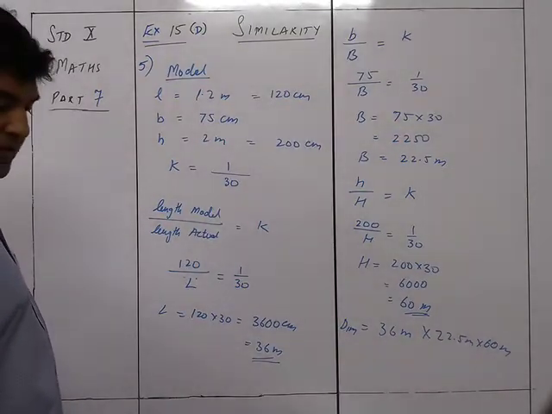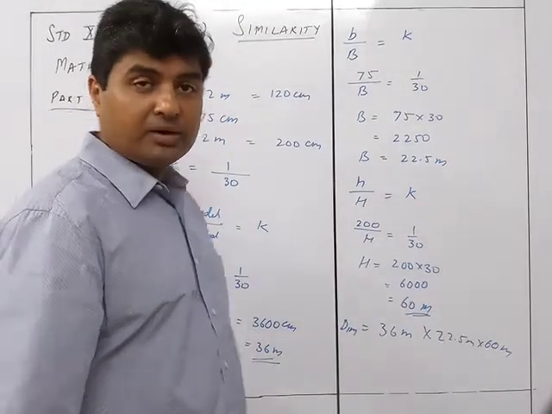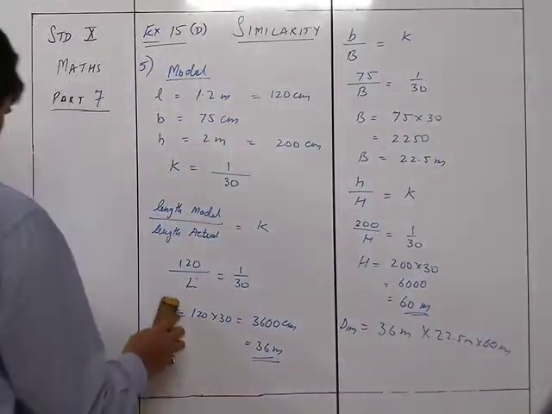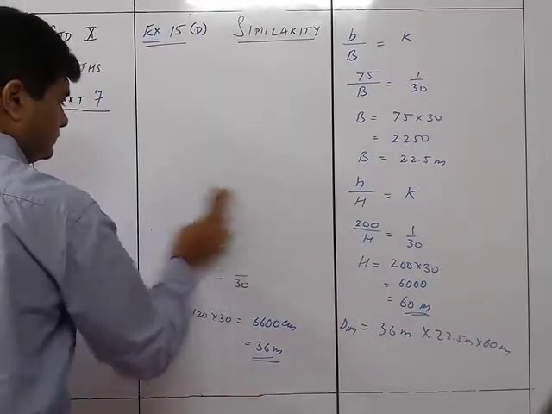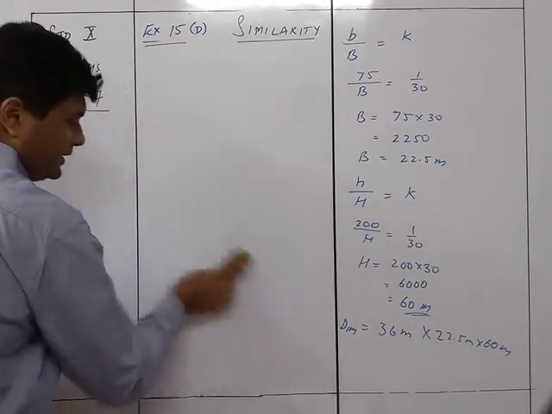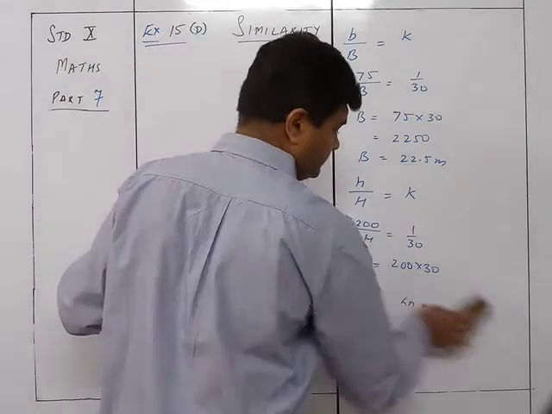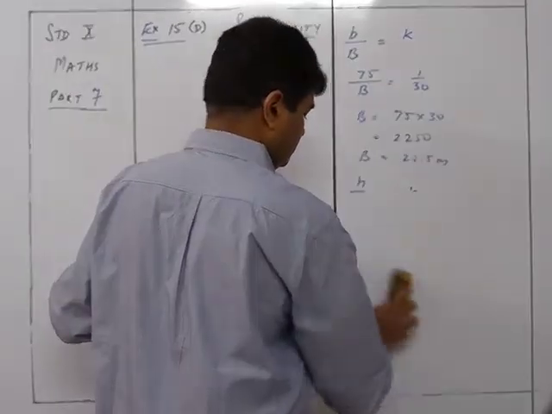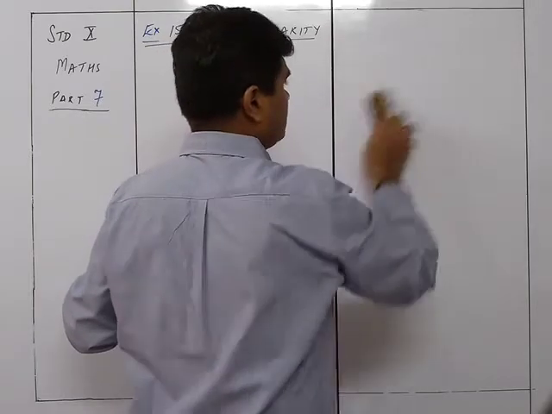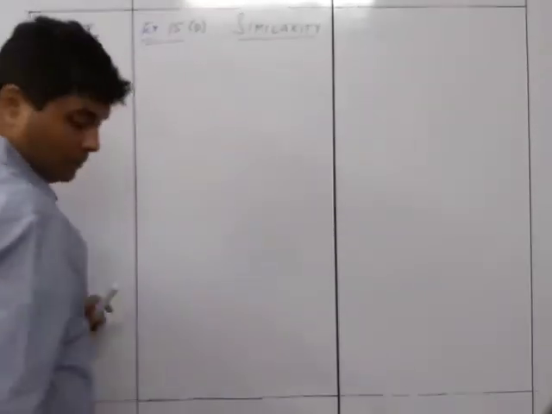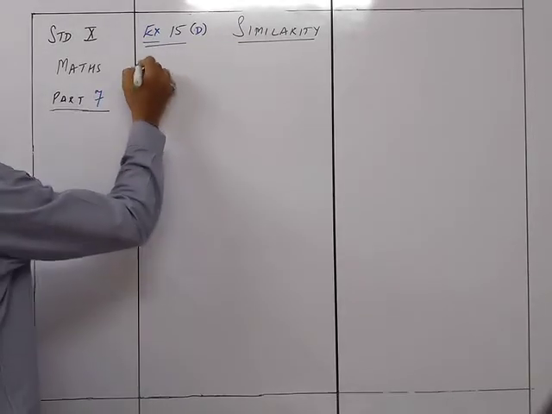This was sum number 5. Now we move on to sum number 7, the last sum for the chapter.